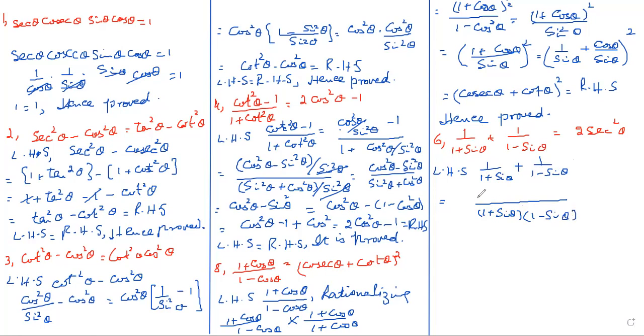The numerator will be 1 minus sine theta plus 1 plus sine theta. This sine theta cancels with this, and 1 plus 1 is 2. 1 plus sine theta into 1 minus sine theta is 1 minus sine square theta, which is equal to cosine square theta.